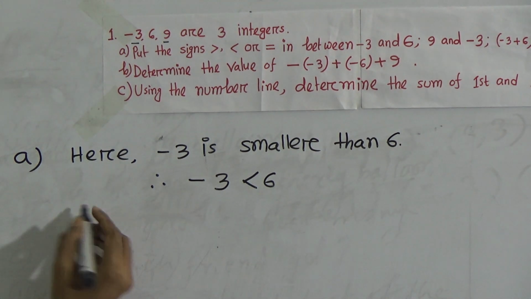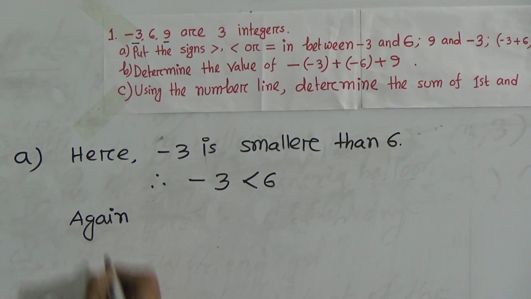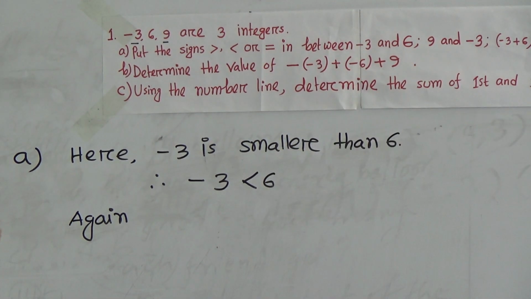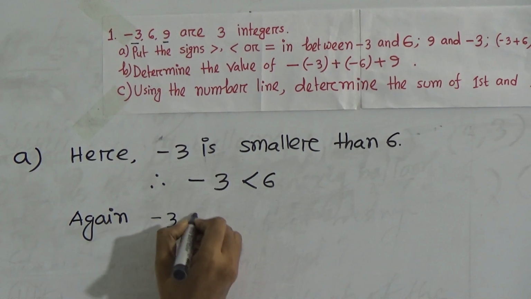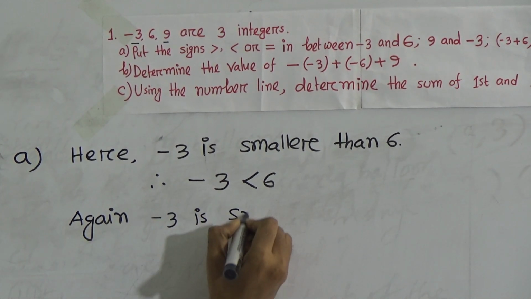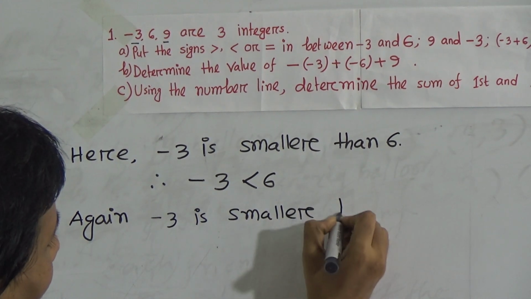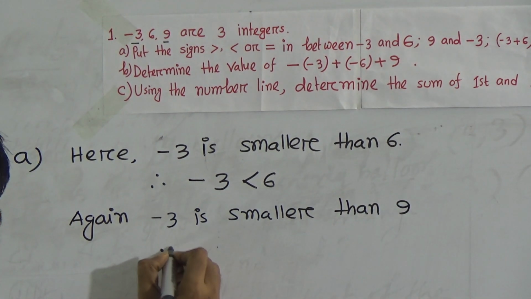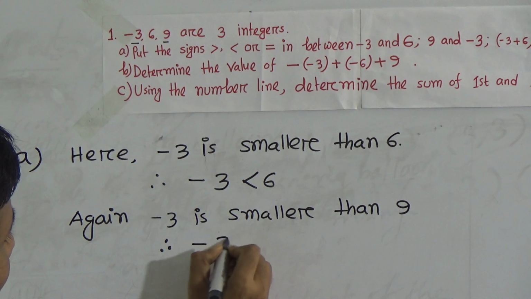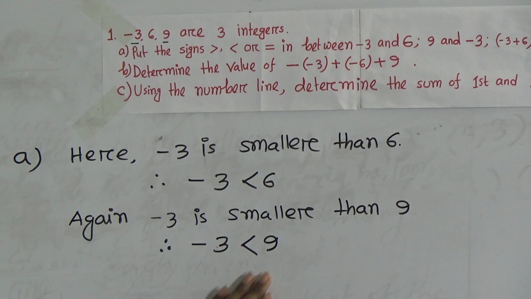Again you see, the second step, 9 and -3. -3 is smaller than 9. Therefore we can write that 9 is the greater and -3 is the smaller.